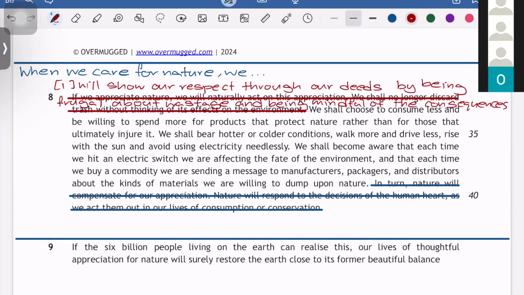So this is how I would do the strikeout method. You will do the same with the next few parts. Whichever part you paraphrase, cancel it out and then write your paraphrase part above. In this way, you don't have to keep flipping back and forth. You are doing it all on one page here.